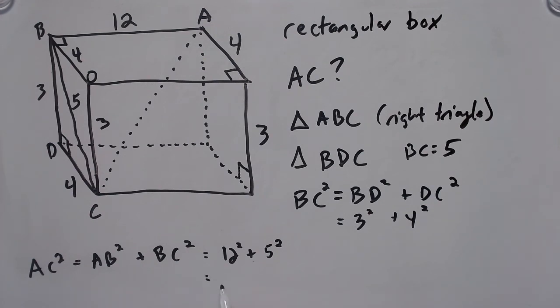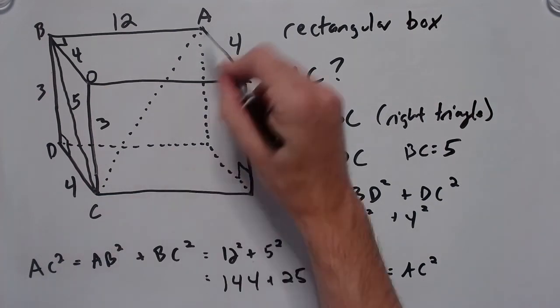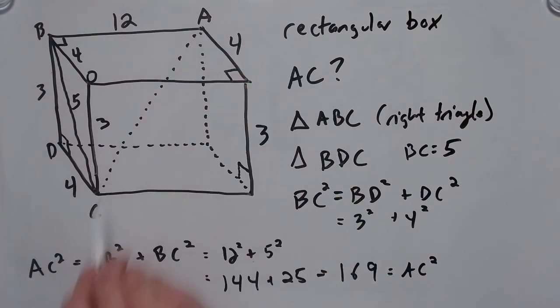This equals 144 plus 25, which is 169. So AC squared equals 169. So all we need to do is find the square root of 169, and we'll end up with AC, the length of this super diagonal through the box.